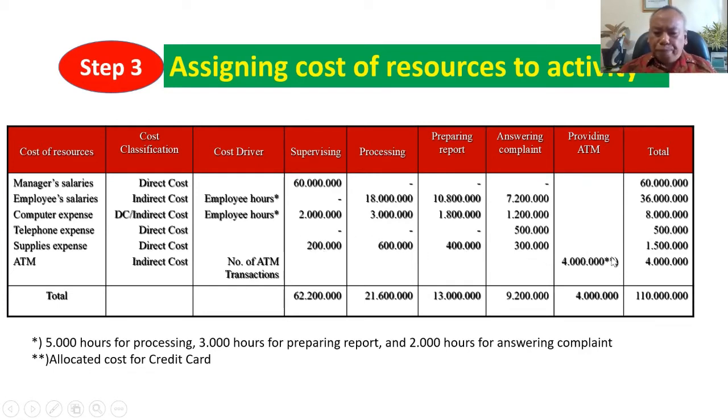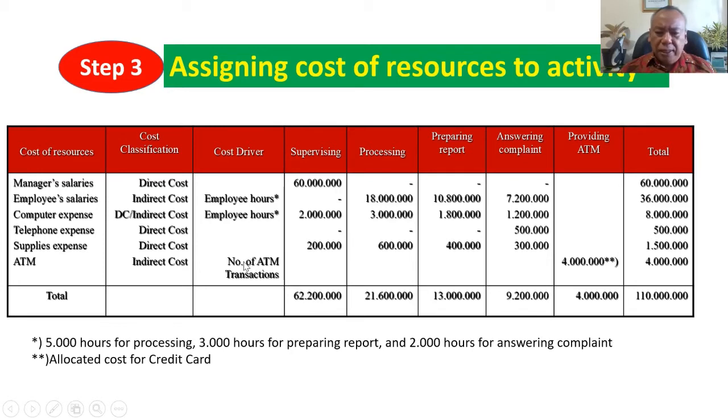And then the last is the ATM resources. So we have ATM expense. Is this an indirect cost? We can allocate using the number of ATM transactions as the cost driver.